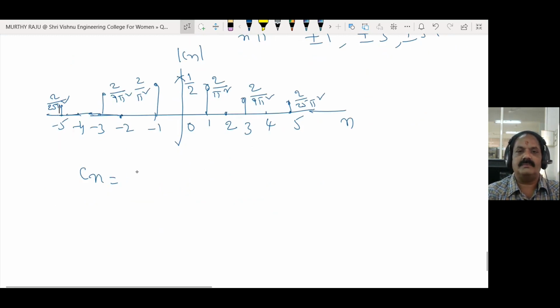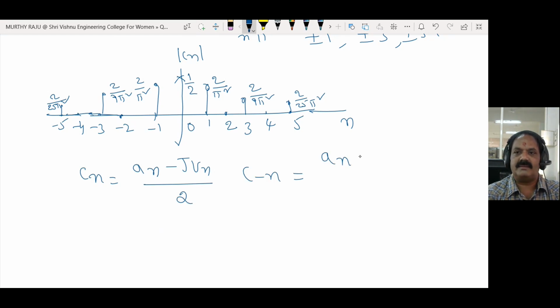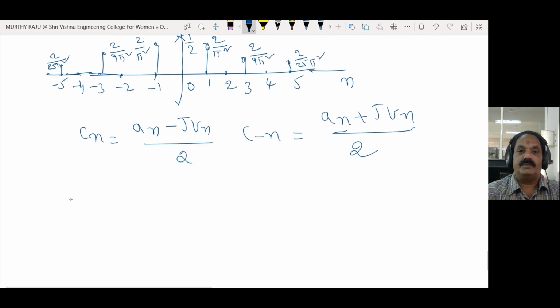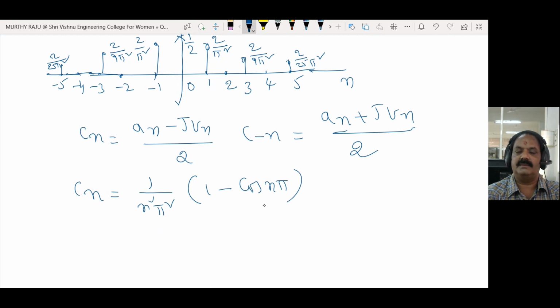Cn is equal to An minus jBn by 2. C minus n is equal to An plus jBn by 2. Cn is equal to 1 by n square pi square, 1 minus cos n pi.